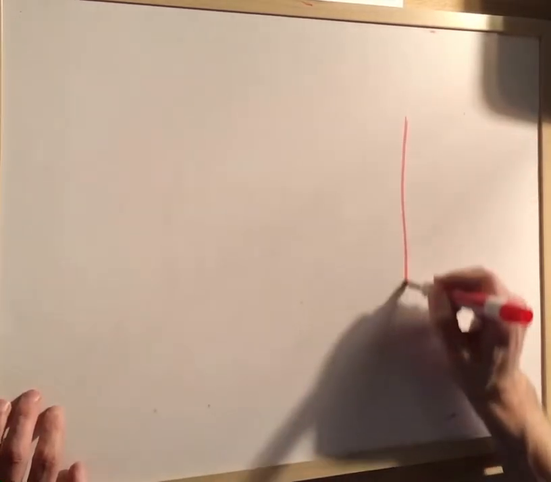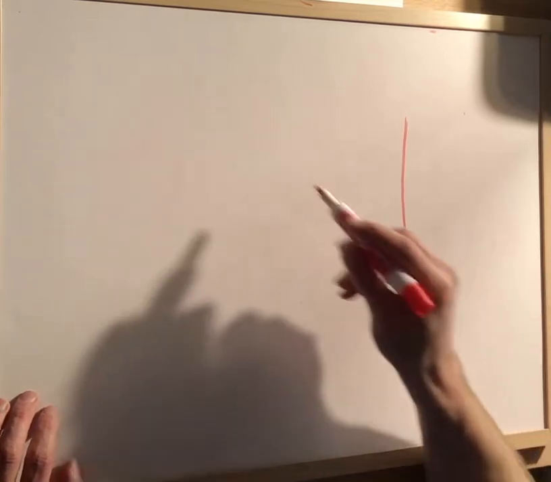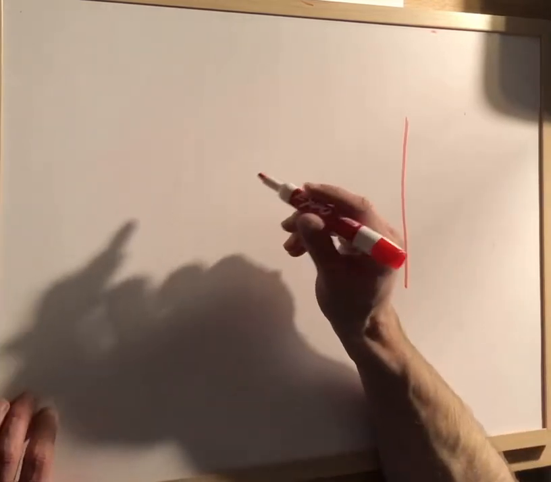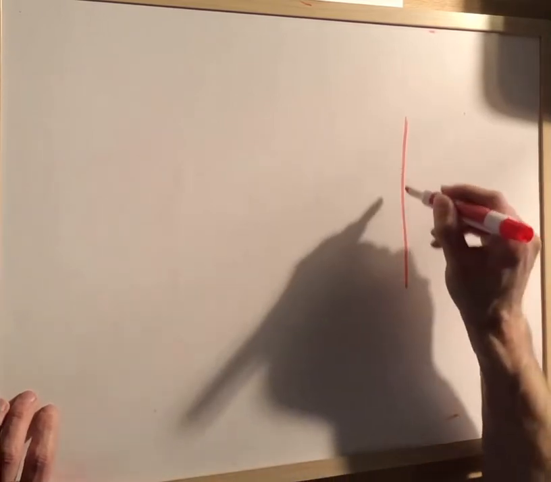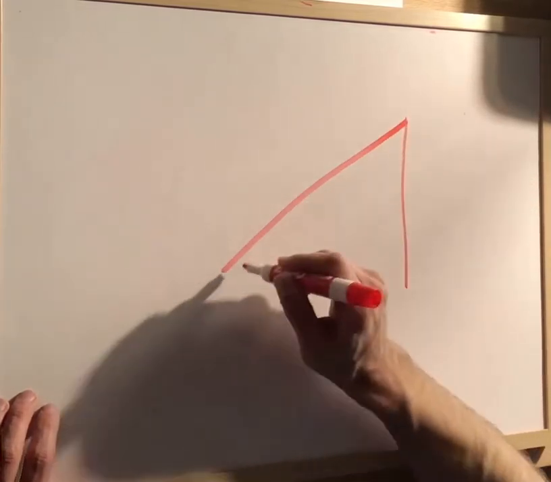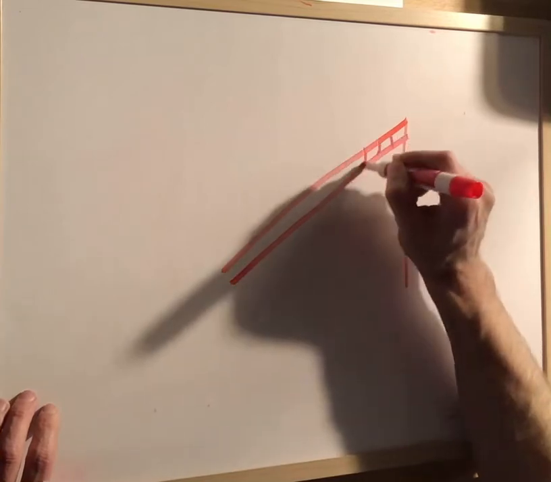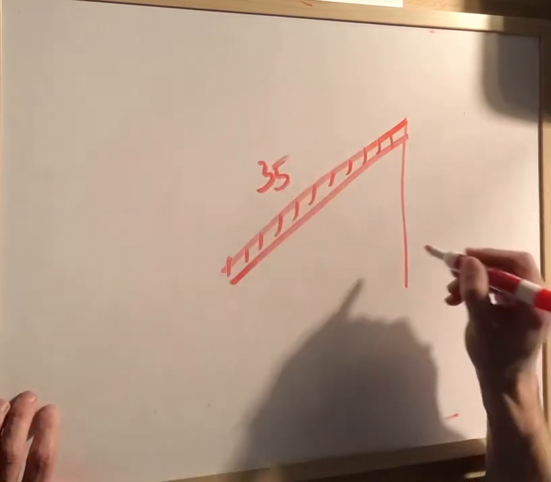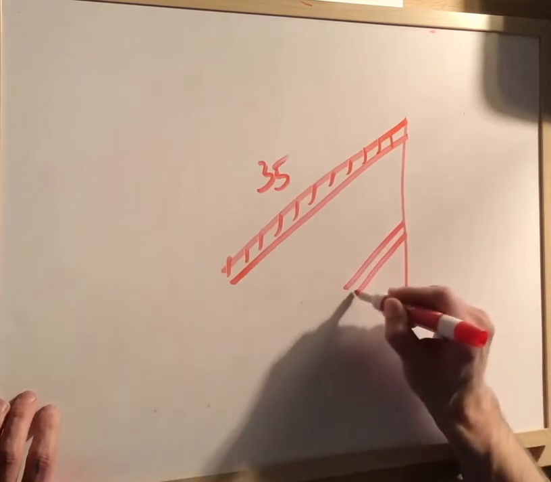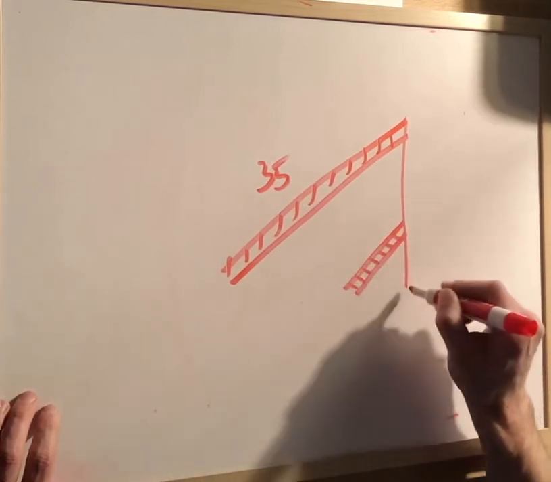you have a building and you have two different ladders. Let's say here's a building and let's say here's this ladder is 35 feet. And let's say there's a smaller ladder on the same building. Here's the ground.